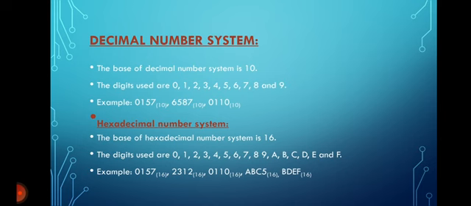But here in the number systems of digital electronics, 0 to 9 numbers are shown as we know.